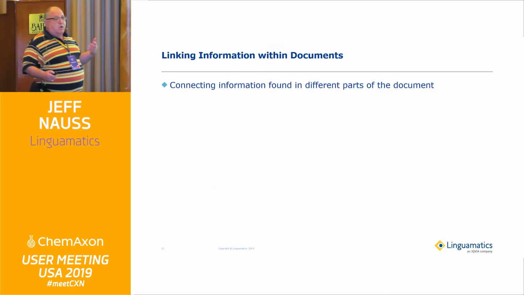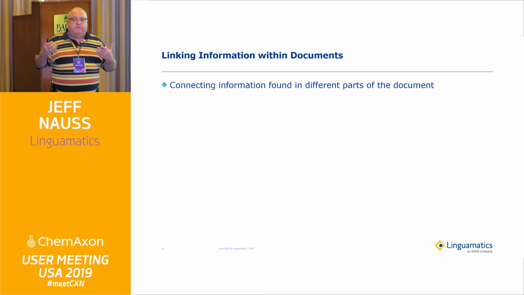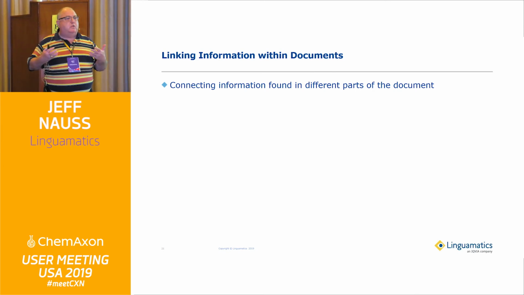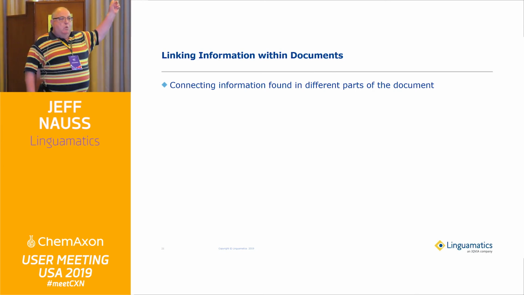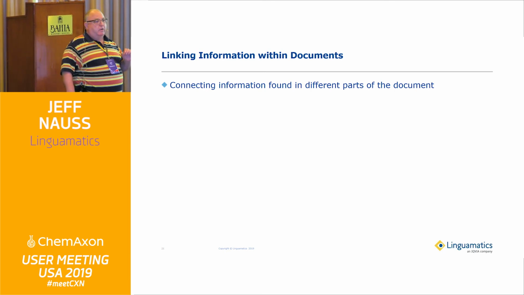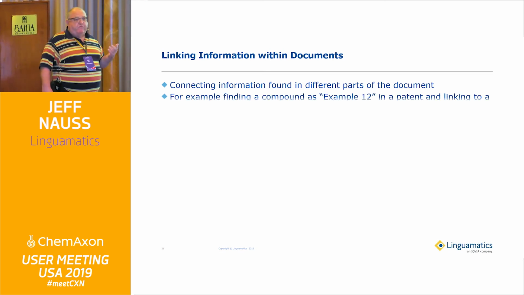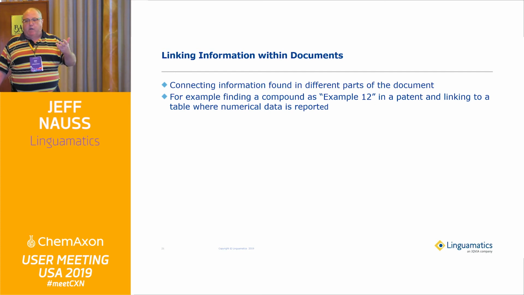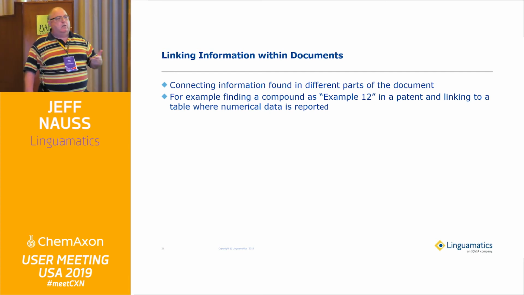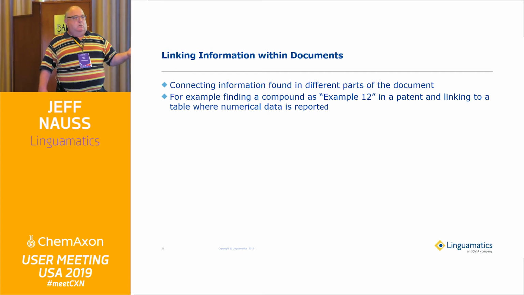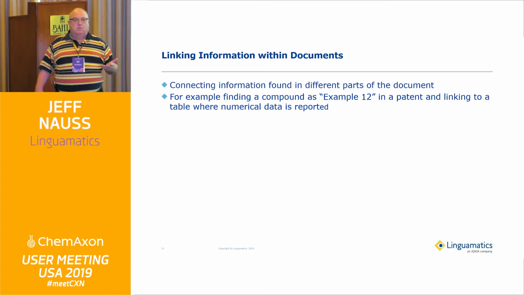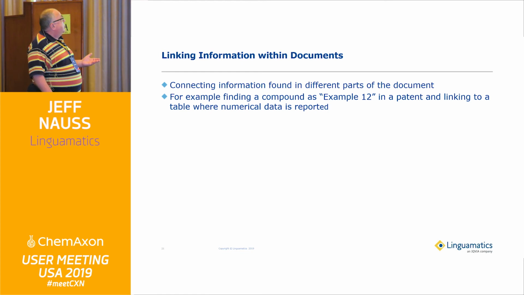so now we can talk about getting these different facts and relationships and joining them together in different ways. One way is going through the same document, patents. All right, we just saw the talk on patents. This is another example where we're looking for exemplified compounds. And we might want to see where in that document there is some hard data about the compound, some SAR data, some inhibitory data, what have you.